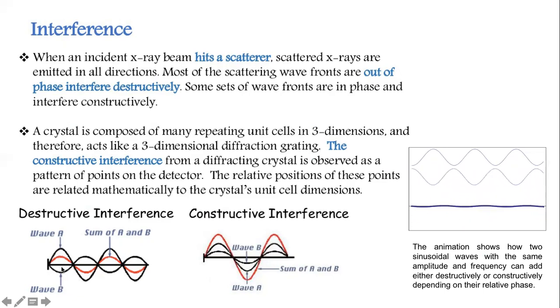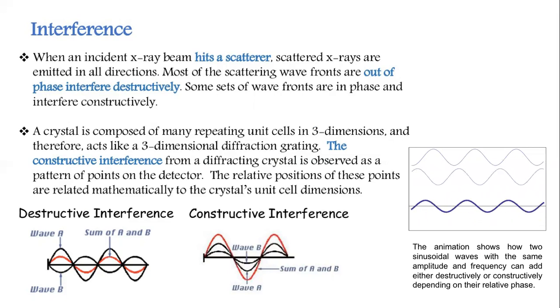So these two can cancel the effect of each other, but at the same time, in constructive interference, the waves complement each other, and by that we can deduce the relative positions of the points, which are related mathematically to the crystal unit cells in the matter that we are trying to understand.